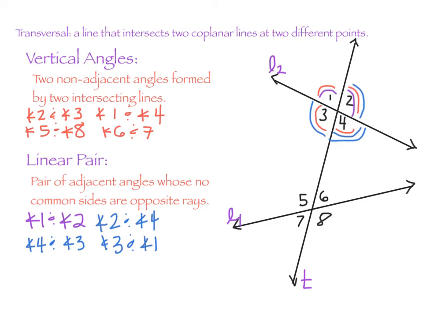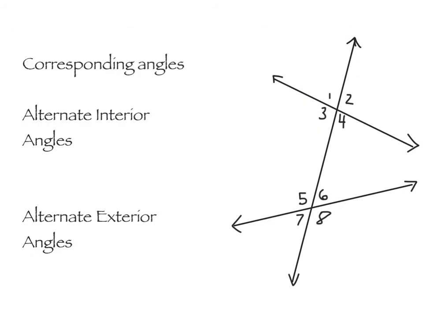Then I have 4 more sets down here. So I have angle 5 and 6, I have angle 6 and 8, I have angle 8 and 7, and I have angle 7 and 5, all linear pairs. We also create 4 other angle relationships: corresponding angles, alternate interior angles, alternate exterior angles, same side interior angles.